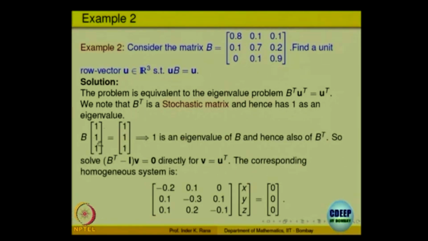Here is some observation which is not really important, but for this matrix, if you look at the transpose of this, what is the sum of the rows of this matrix? 0.8 plus 0.1 plus 0.1, that is 1. Sum of the rows is equal to 1. So if you take the transpose, the sum of the columns is equal to 1.